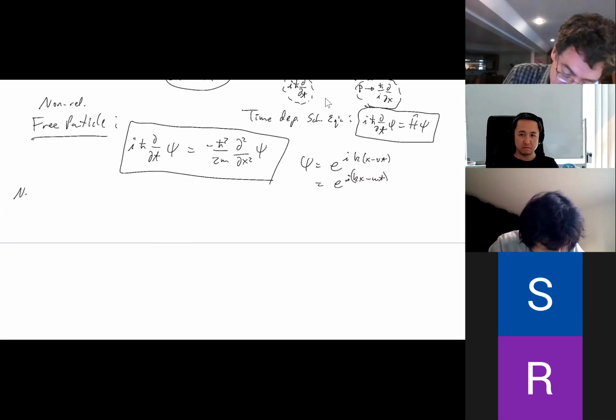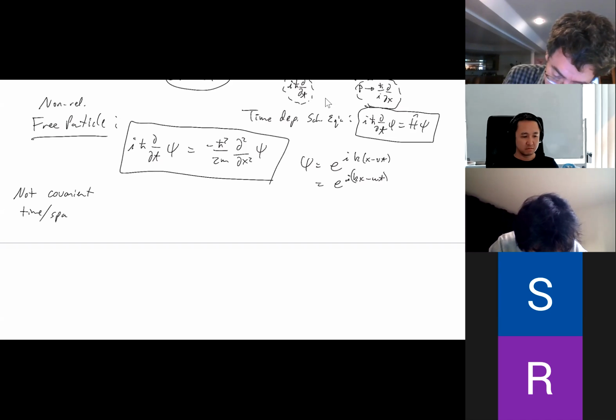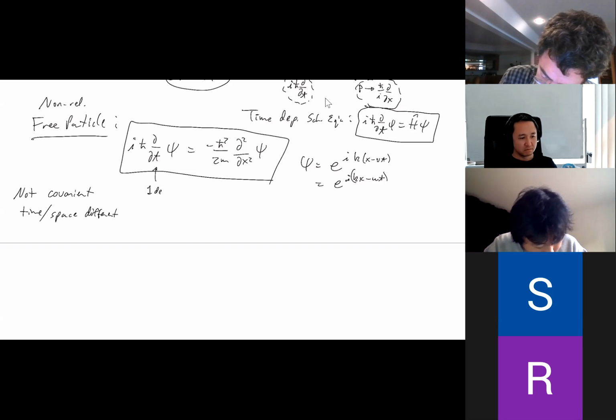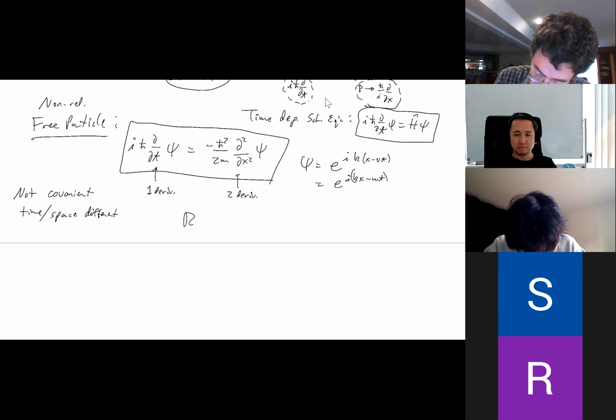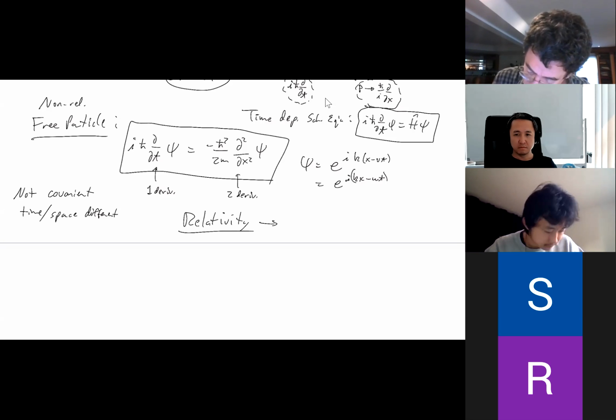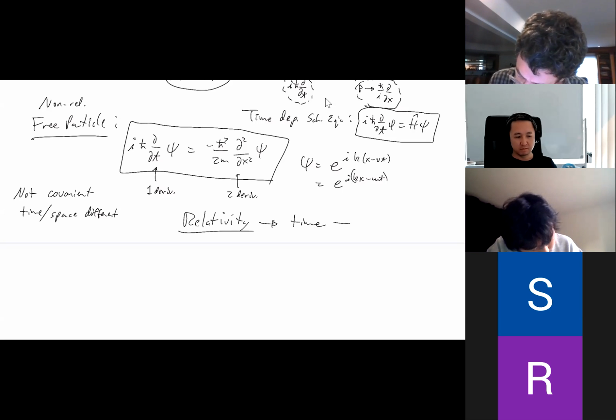You can say it's not covariant: time and space are treated differently. Relativity tells us that we need to treat time and space on the same footing.